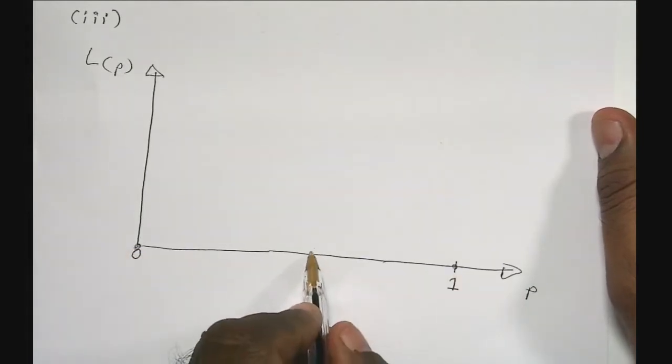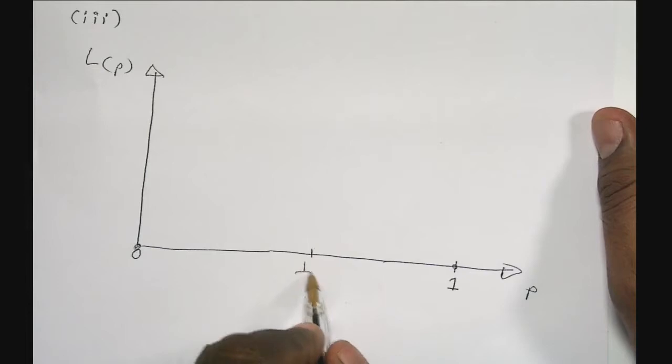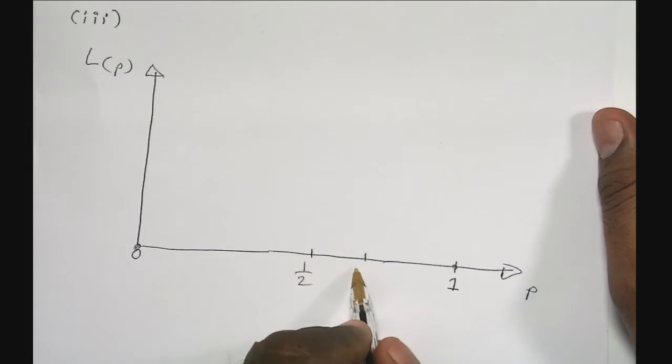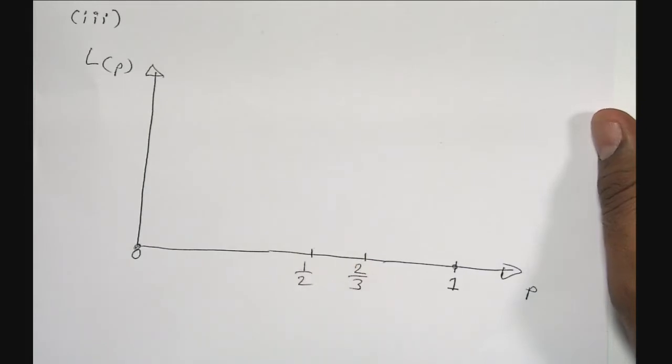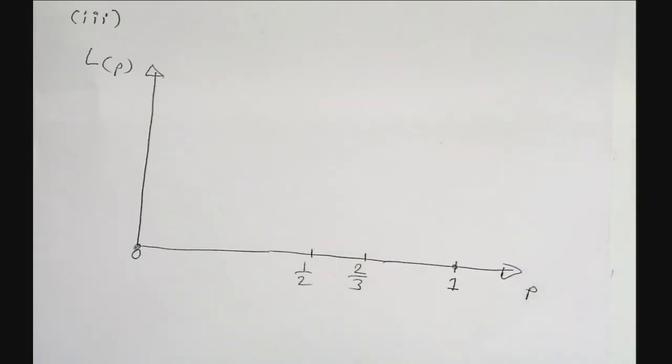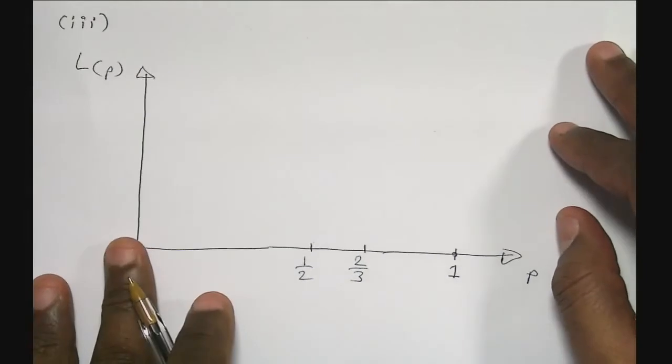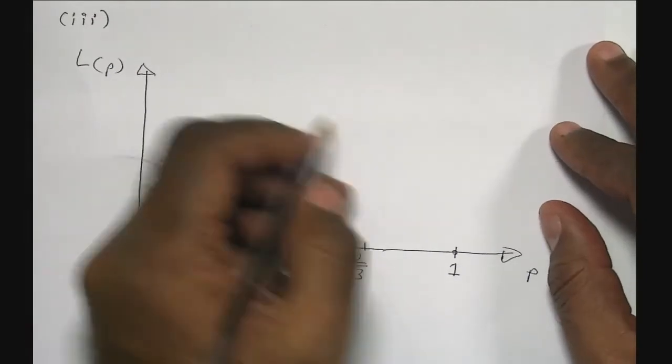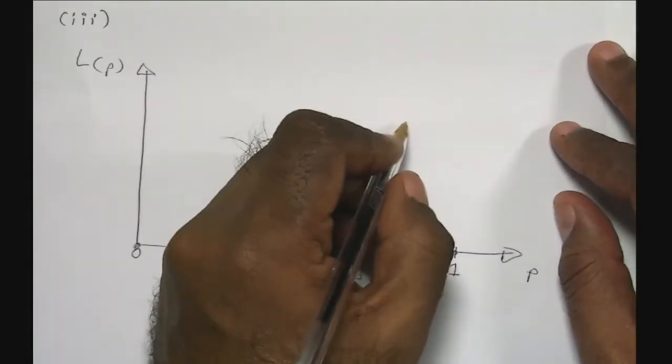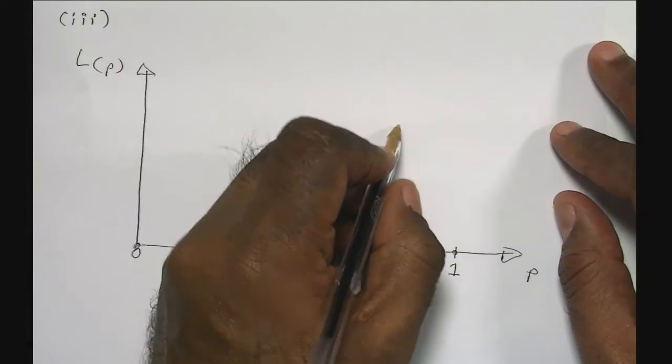Suppose your half is here, and suppose your 2/3 is here somewhere. Don't ask me to teach you how to graph. I'm sure you are better experts than me on graphing things. If you draw a graph of it, it will look something like this.